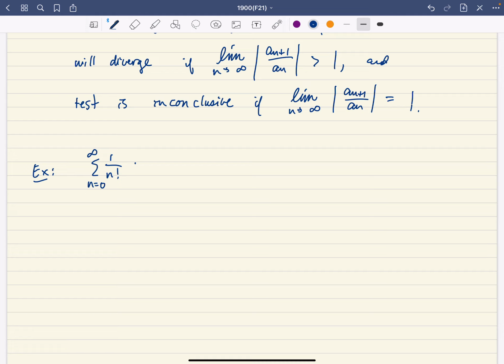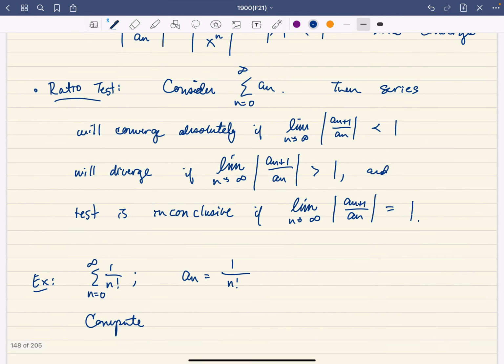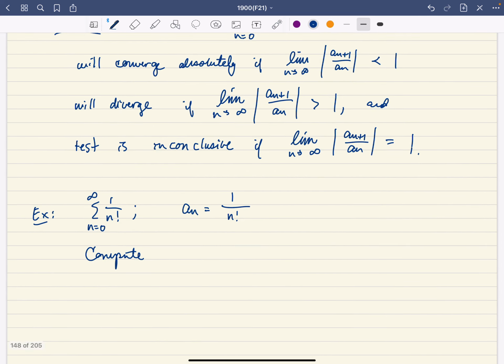So our sequence here is 1 over n factorial, and let's compute this value. By the way, this limit of the absolute value of a sub n plus 1 over a sub n, we typically call L. So we're going to compute L, which is the limit as n goes to infinity of a sub n plus 1 over a sub n.